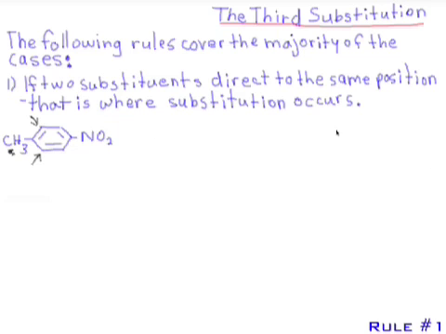Now, what kind of director is nitro? Well, nitro directs meta, and meta to the nitro is these positions, the exact same position as the methyl is directing. So directing to either of these positions will produce the same molecule. Therefore, if we react this molecule, say with Br2, FeBr3, what does Br2 FeBr3 put on the ring?